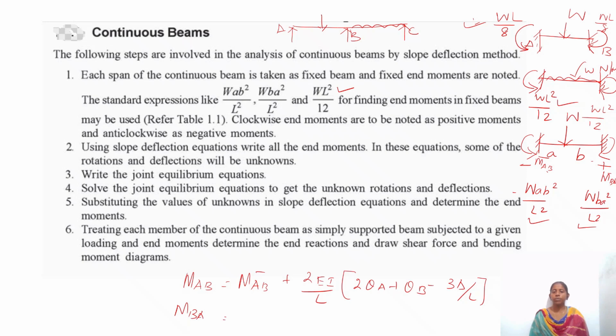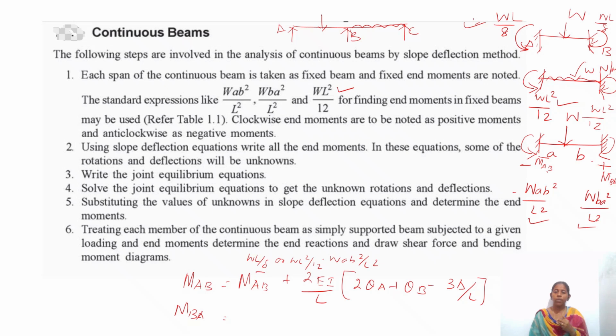You have to write this slope deflection equation for each and every span, and you can include M bar AB as WL by 8 or WL square by 12 or WAB square by L square. It depends upon the given loading condition. So you can write with this fixed end moment and continuing slope and deflection terms.